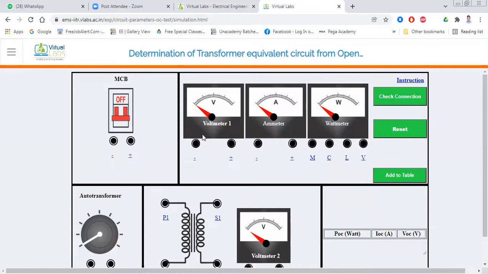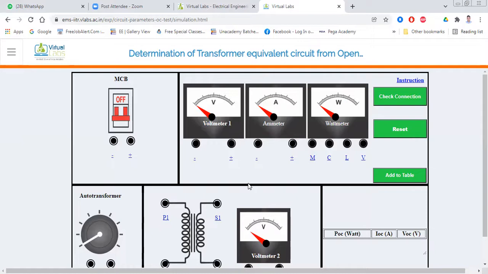How do we conduct the short circuit test? You guys tell me. We already discussed the short circuit theory portion, the circuit and also the brief theory. How do we design the circuit so that we can perform the short circuit test of the transformer?